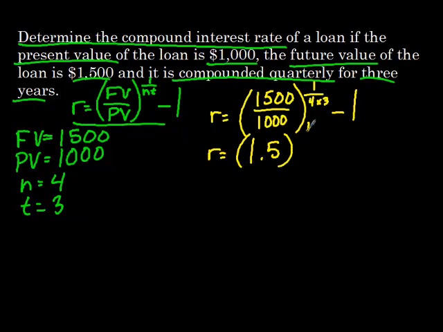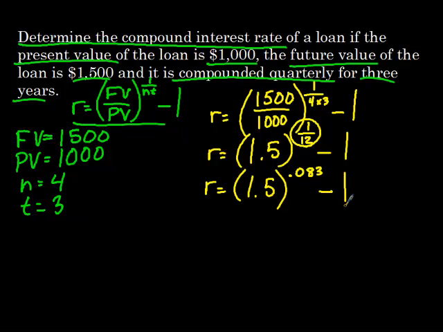Raised to the 1 over 4 times 3 power, 4 times 3 is 12, minus 1. Our next step is to break down this 1 over 12 power. So r equals 1.5. On our calculator, we can take 1 divided by 12. We'll get a decimal, which just breaks down to 0.083.